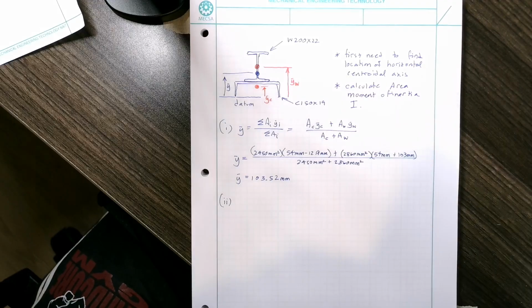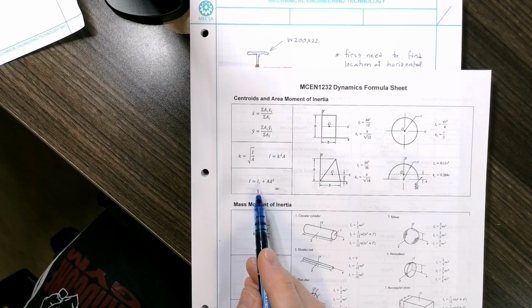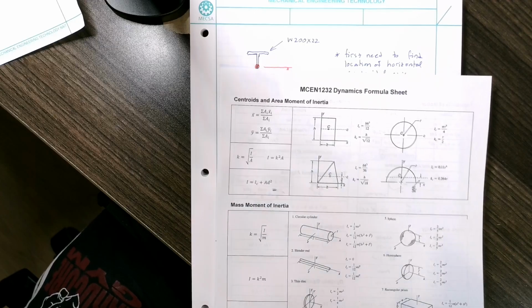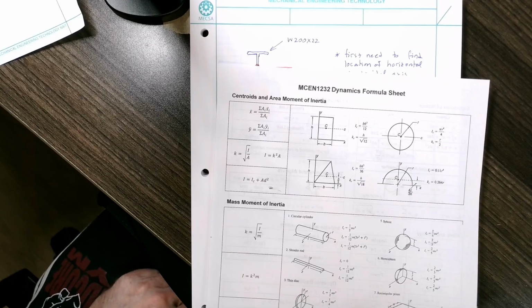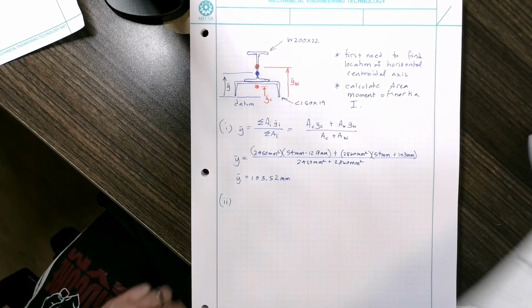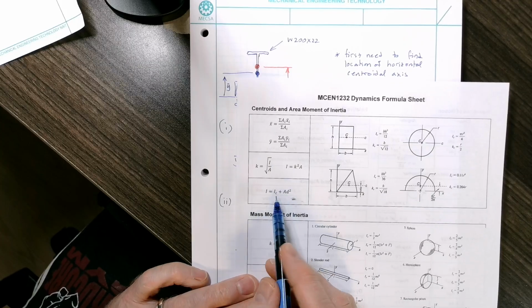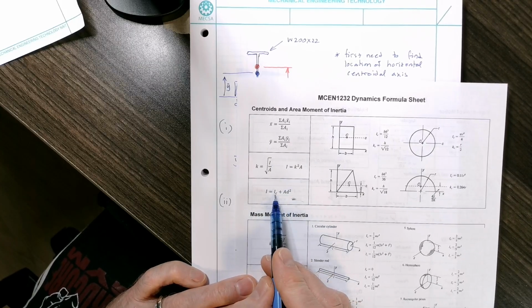It's got its own. You might have seen this equation, right? The parallel axis theorem. That's not very helpful by itself. But I will say this about the parallel axis theorem: the I is the value from the table.